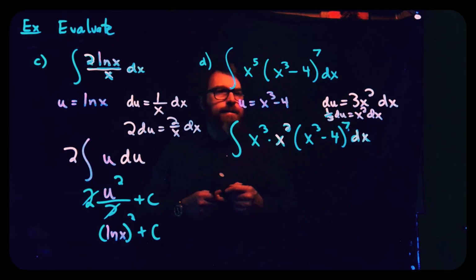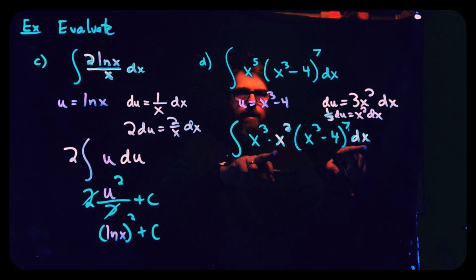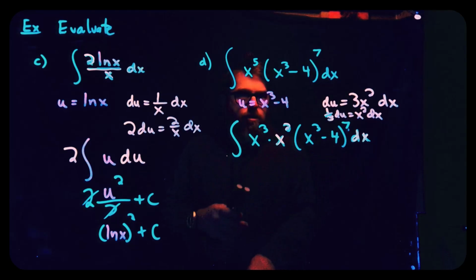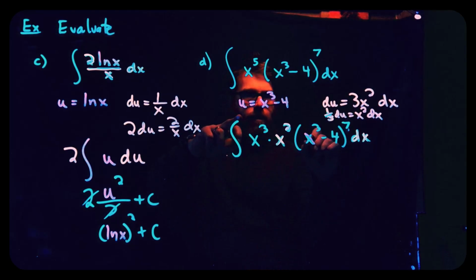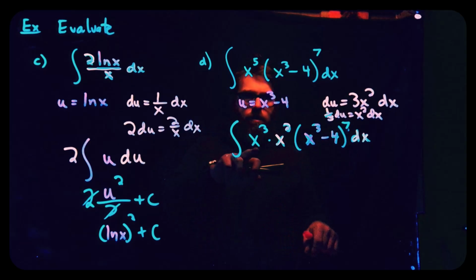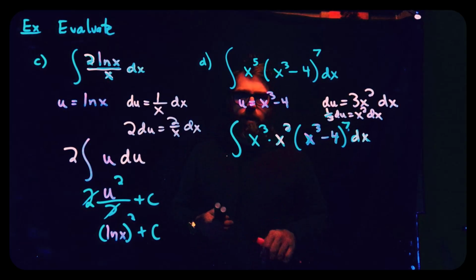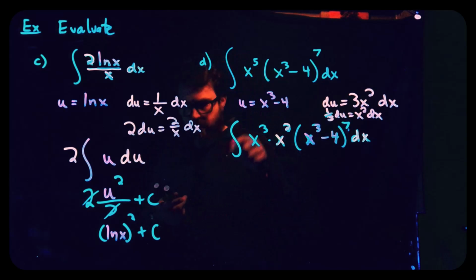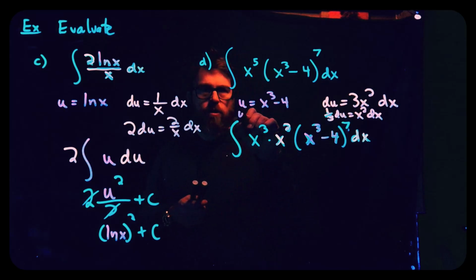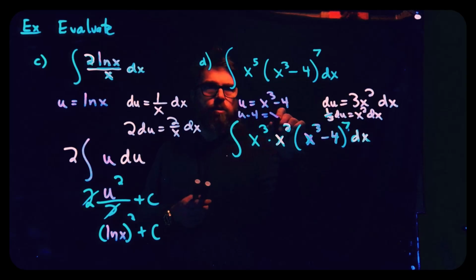So that's good. Now, this purple is going to be your x cubed minus 4. Notice I have left this green function, this x cubed, but I have an x cubed right here, which means I can add 4 to both sides. So I can say u plus 4 is equal to x cubed.